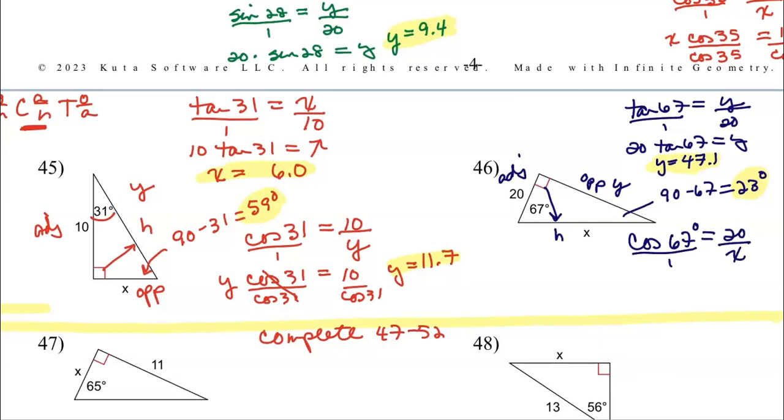This is a two-step problem. x times the cosine of 67 equals 20. Divide both sides by the cosine of 67. Put that in your calculator, 20 divided by the cosine of 67, and that should give you 51.2. So x equals 51.2.